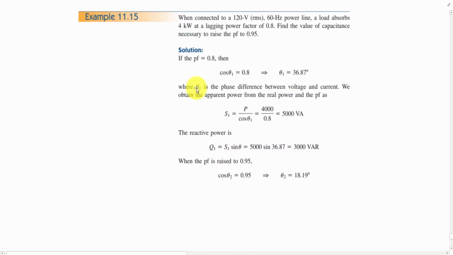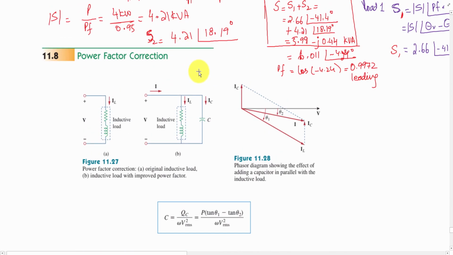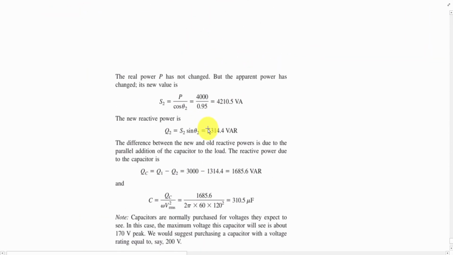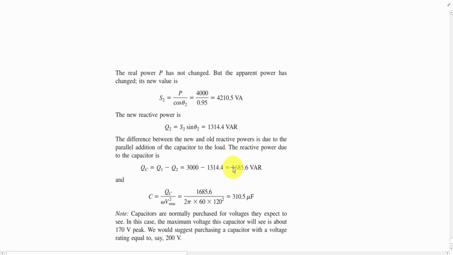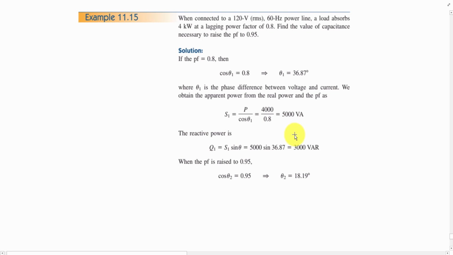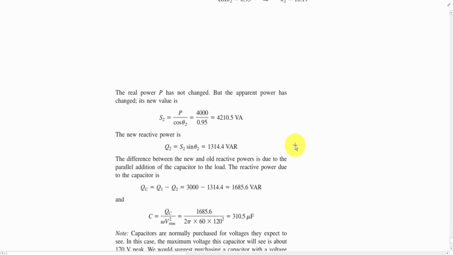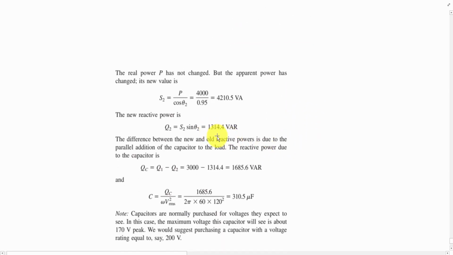If we connect a capacitor right next to it with this reactive power, it will reduce the overall reactive power from 3000 to 1314, because the capacitor's reactive power is negative. Capacitors have negative reactive power and inductors have positive reactive power.